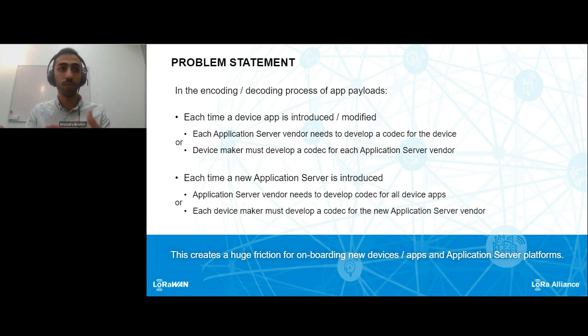Either the application server vendor develops the codec for all the existing devices according to its own API, or each device maker must develop a codec for this new application server vendor. And this really creates a huge friction for onboarding devices and application server platforms.